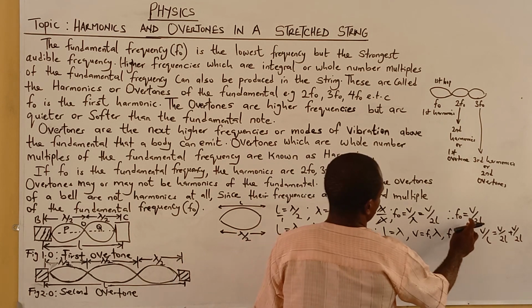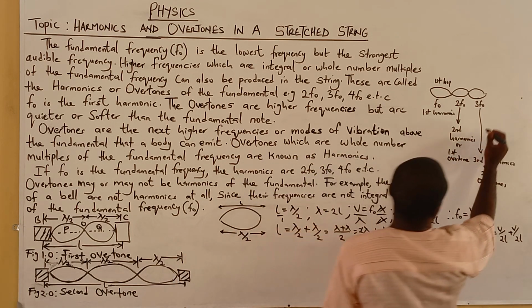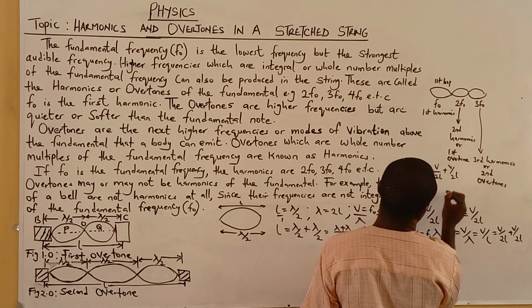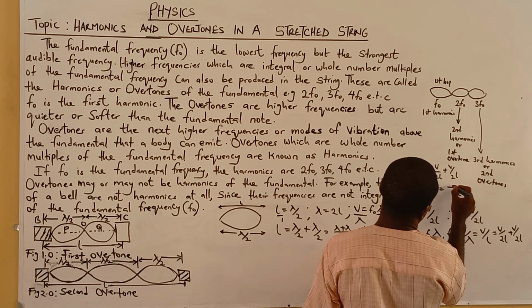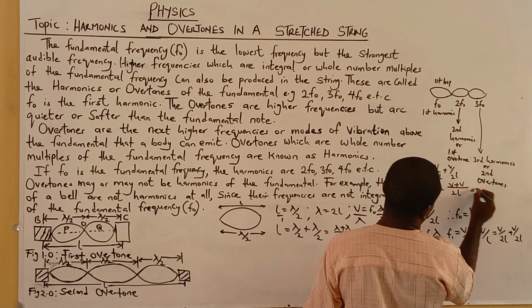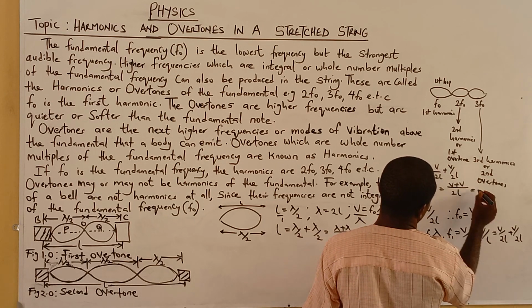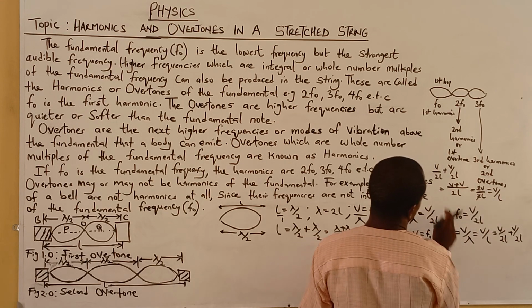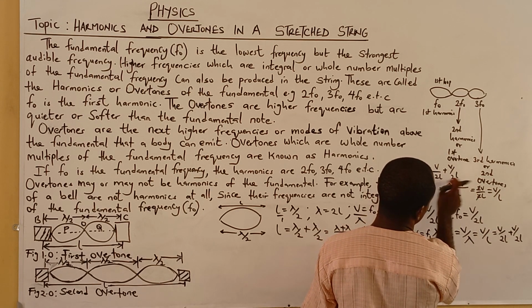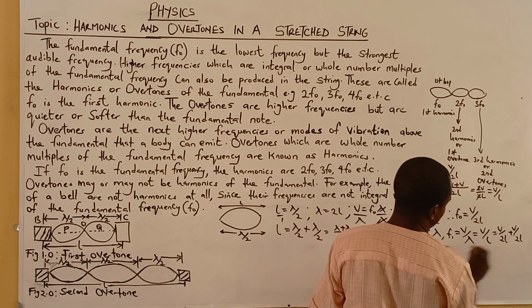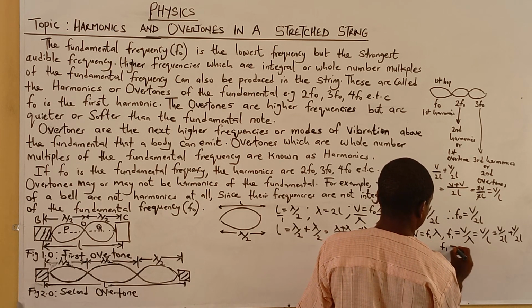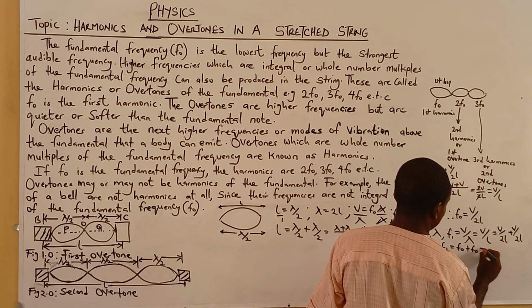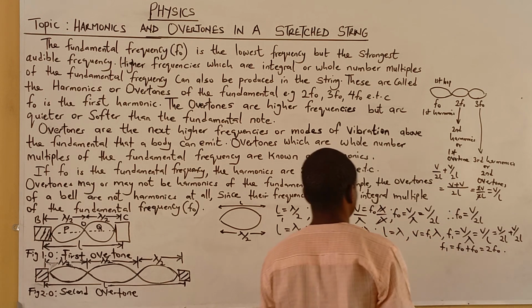From here, V over 2L plus V over 2L gives us V plus V, that's 2V over 2L. 2 cancels 2, that's V over L. That means that when you bring 2V over 2L together, it gives us V over L. That means that you now have F1 to be F naught plus F naught equals 2F naught.